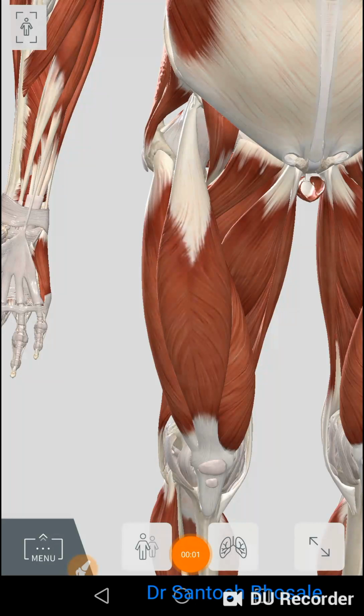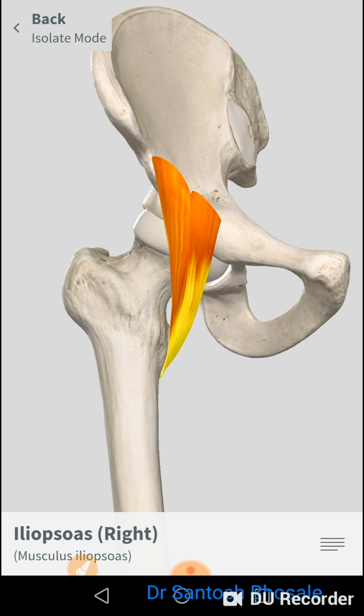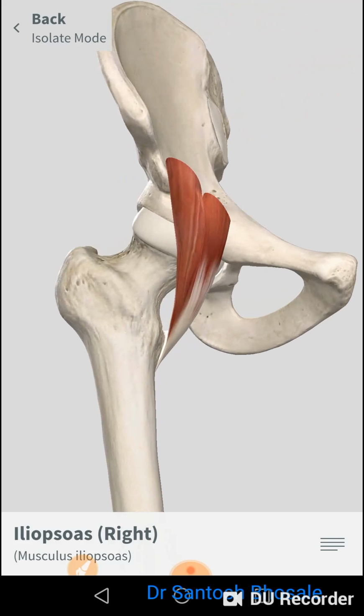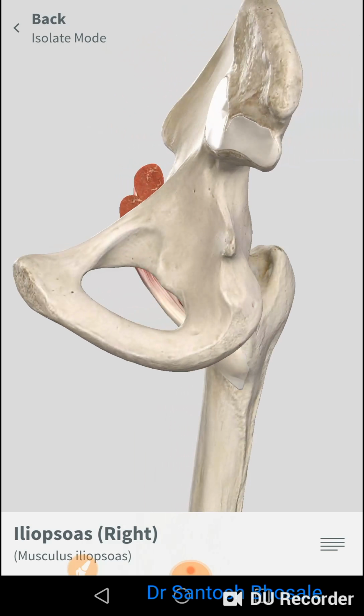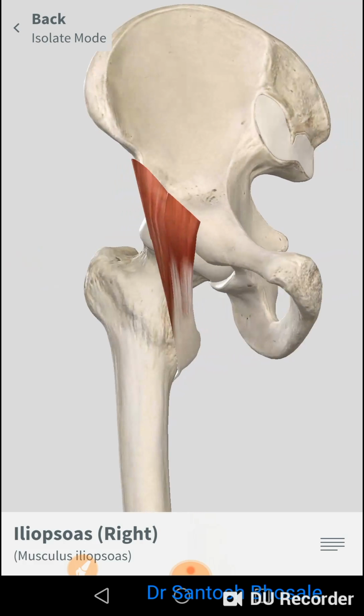Now coming to the muscular attachments of the upper end, you can see this is the iliopsoas tendon, which inserts into the lesser trochanter of the femur, and posteriorly there is a bursa which separates it.